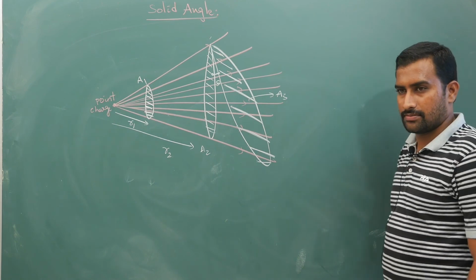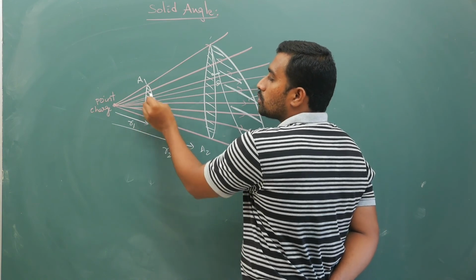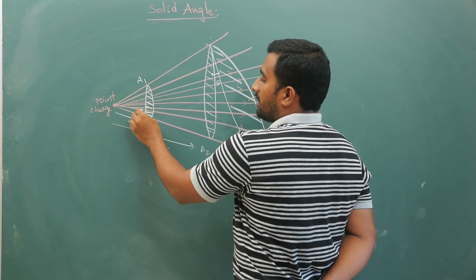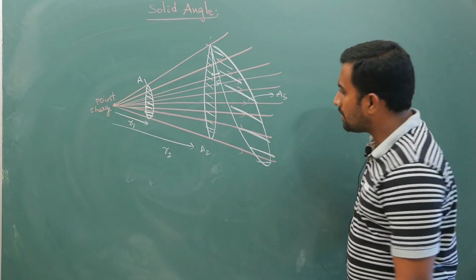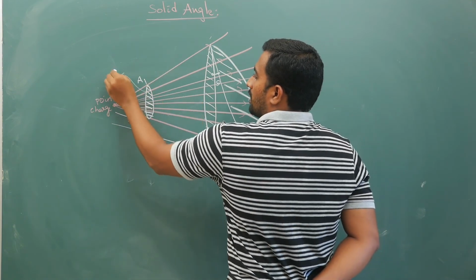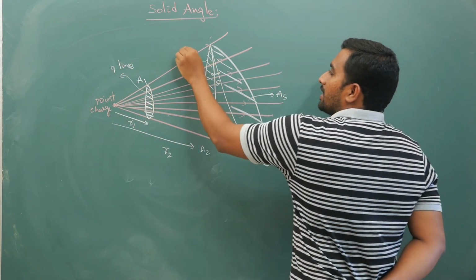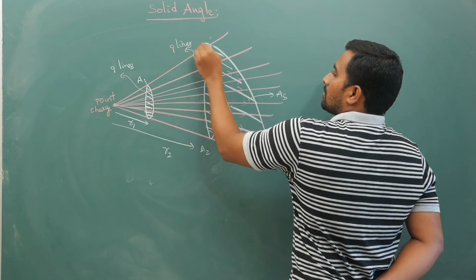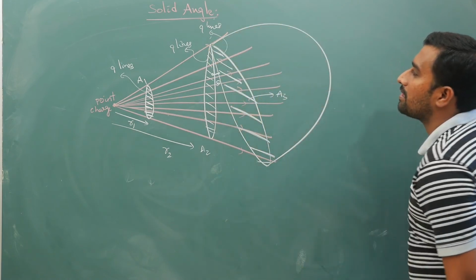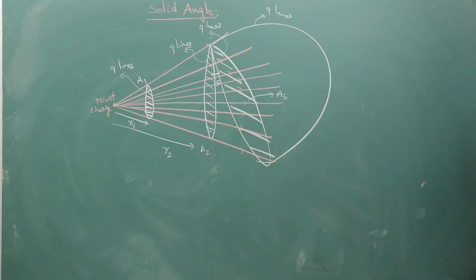Now observe carefully, how many field lines go through this area A1? 1, 2, 3, 4, 5, 6, 7, 8, 9 lines. So 9 lines are going through this, 9 through this, 9 through this. In fact, if I take a hemisphere here, even through that hemisphere 9 lines.